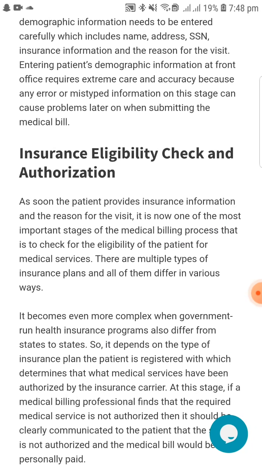Insurance eligibility check and authorization. As soon as the patient provides insurance information and the reason for the visit, one of the most important stages of the medical billing process is to check the eligibility of the patient for medical services.